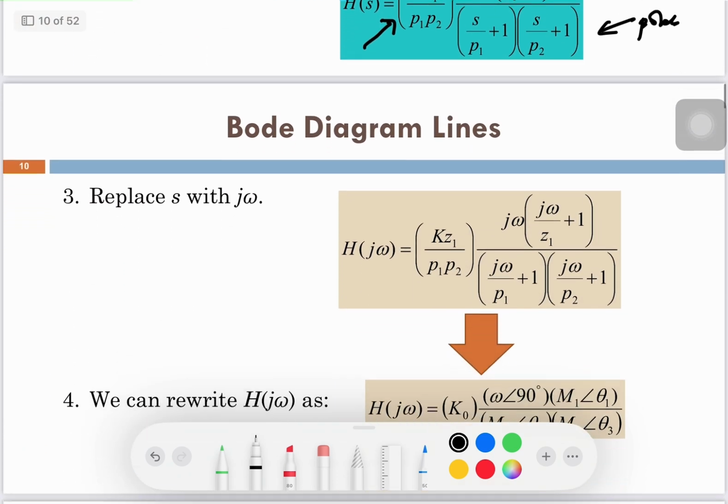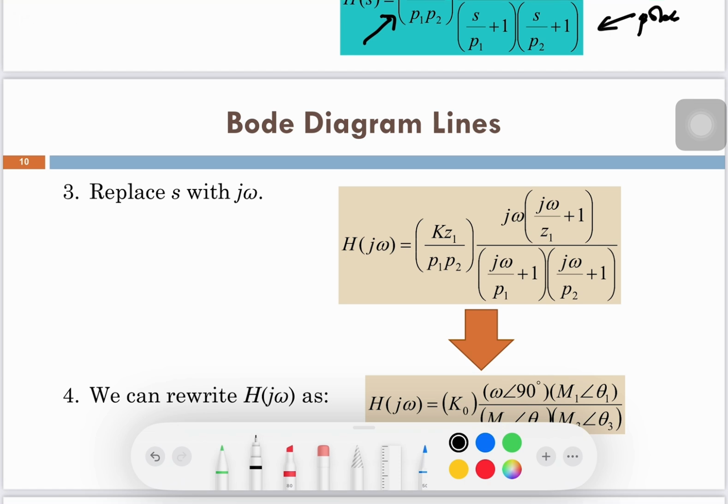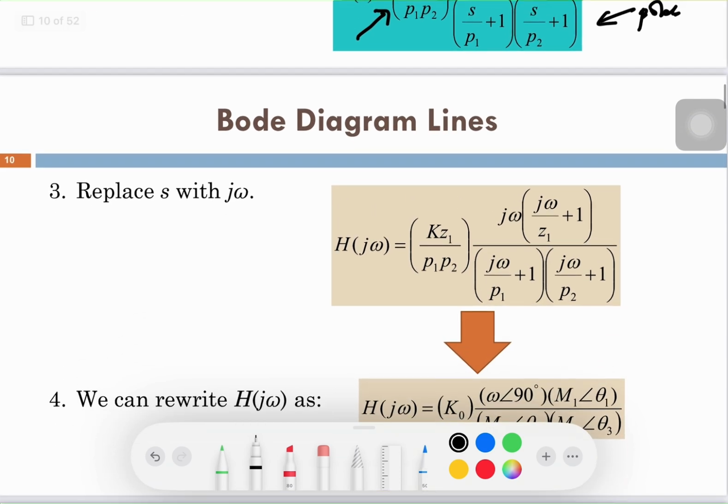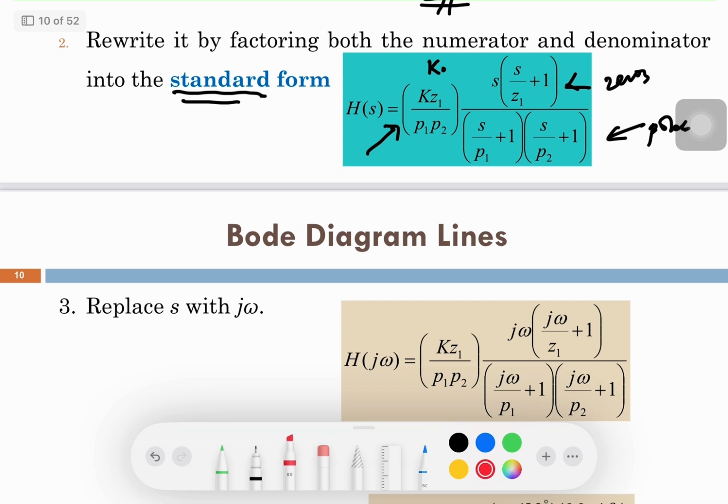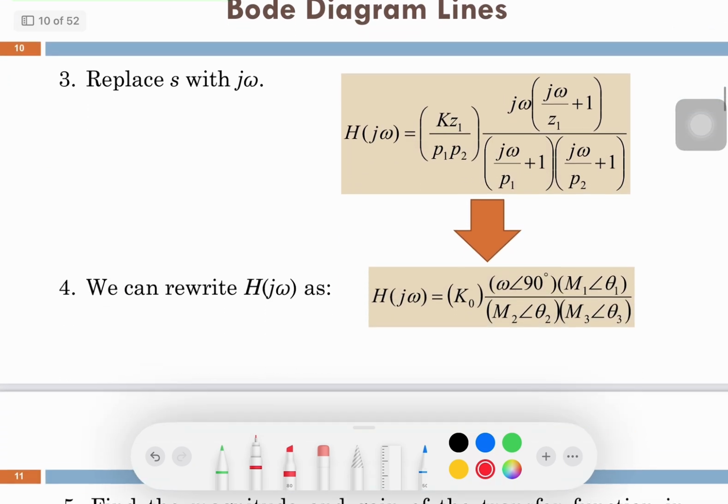Next, once you have transformed your transfer function into the standard form, you need to replace s with j omega. Replace this with j omega, this with j omega, this also with j omega. In other words, you have to replace every s with j omega.